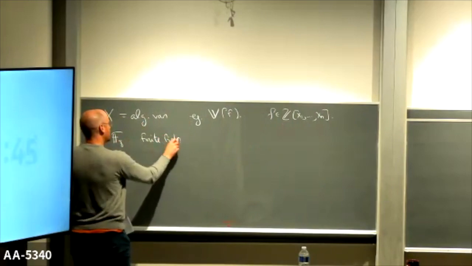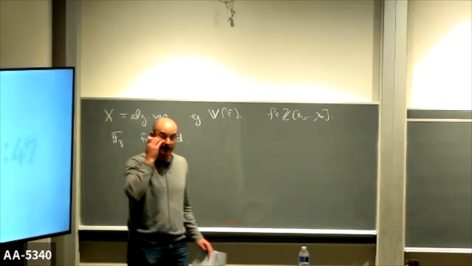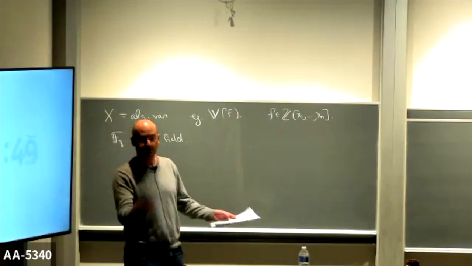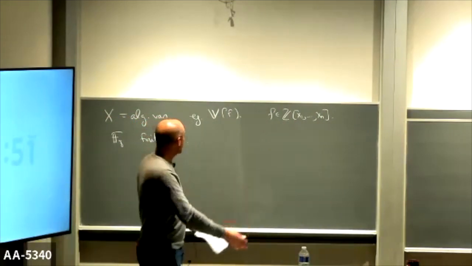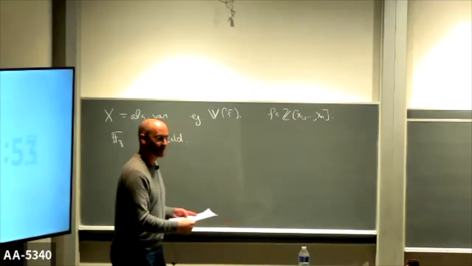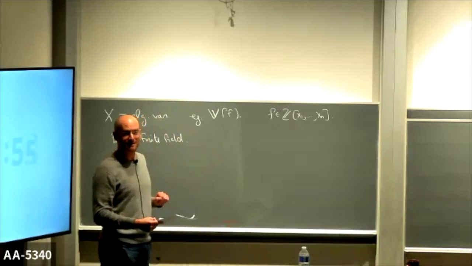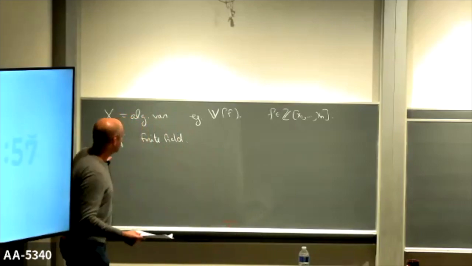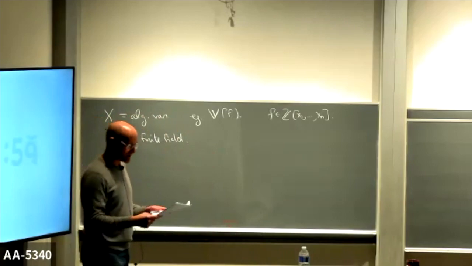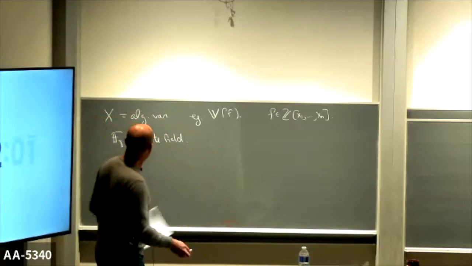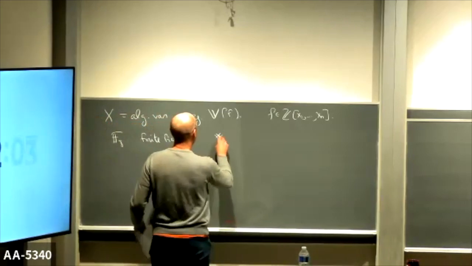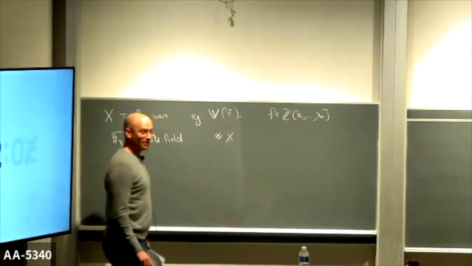If we have a polynomial with integer coefficients, we can look at the solutions in different fields. We could look at rational solutions, integer solutions. We could look at complex solutions and study the topology, and we could look at solutions over a finite field. And here in particular, we could count the solutions.